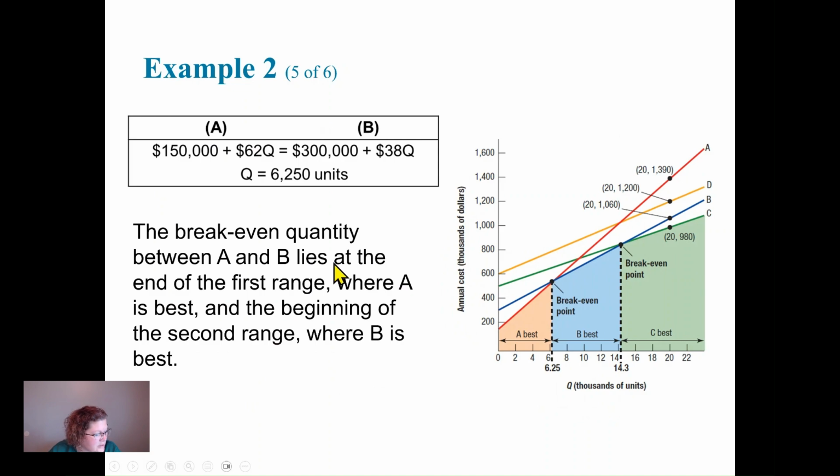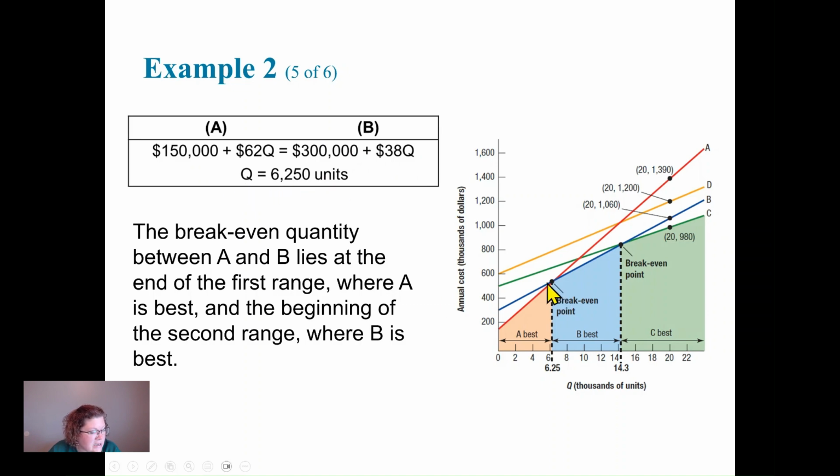So the break-even quantity between A and B, you simply take the fixed cost, $150,000, plus the variable cost, $62 times Q, in this case, quantity, and you set it equal to the break-even equation for the next option, in this case, option B. So the fixed cost is $300,000 plus variable cost $38 times Q. I take these two equations, they were set equal to each other, and now I solve for Q. So I rearrange terms and divide and solve for Q. I get Q as 6,250 units.